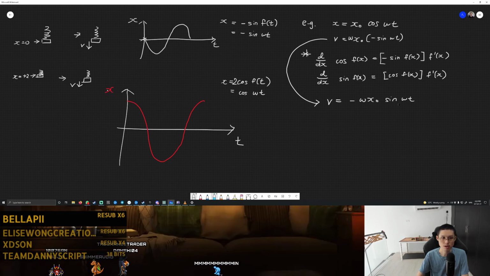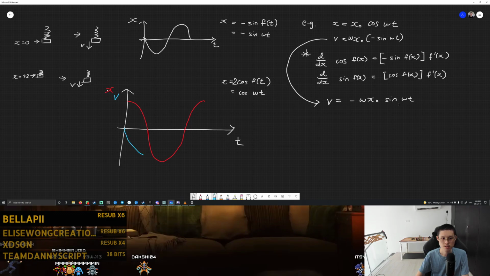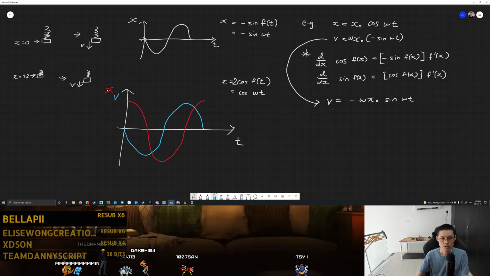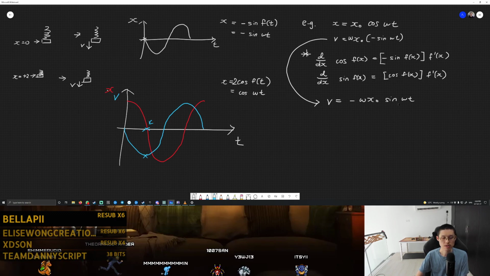Blue is velocity. Blue would be negative sine, so something like this. So as you can see, when your displacement is 0, when it's at the equilibrium, my velocity is a maximum value.